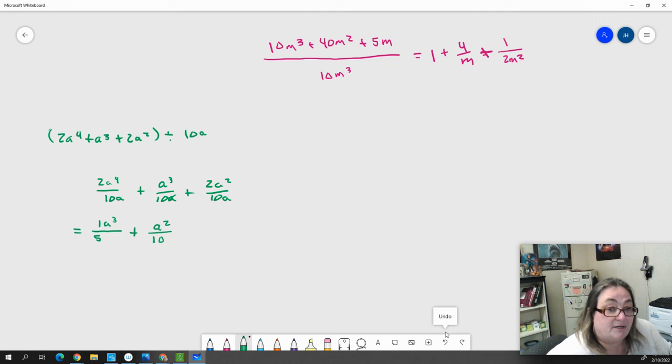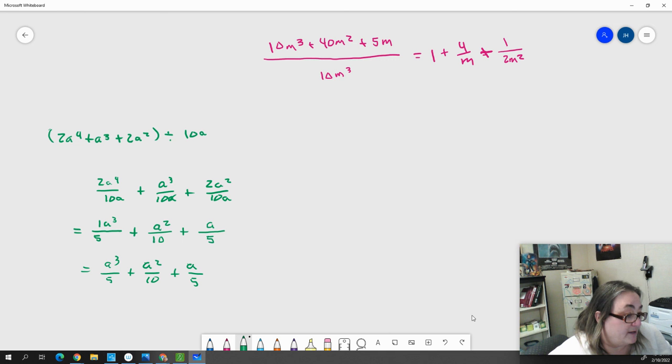There's no numbers up there. And then here we'd go, okay, we've got that 2 over 10 again, and we have a squared up here. So we're going to have an a up here and a 5 down here. And so we would be left with a cubed over 5 plus a squared over 10 plus a over 5.